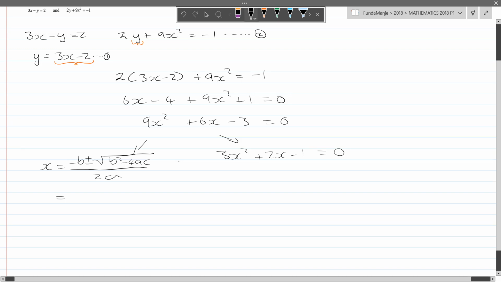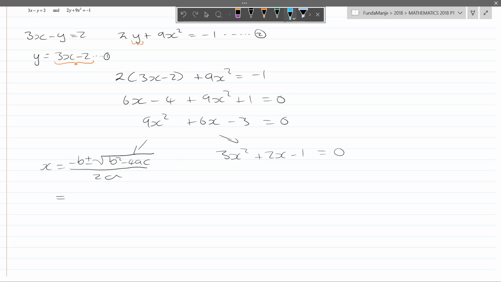you could use it with these values or you could use it with these values. It doesn't really matter, but let's say for efficiency purposes, we use these values. So that's our A, B, and that's our C. So if we make our substitutions, we would have minus b is positive 6, so minus 6 plus or minus the square root of b squared, that's 6 squared, minus 4, A is 9 and C is minus 3.